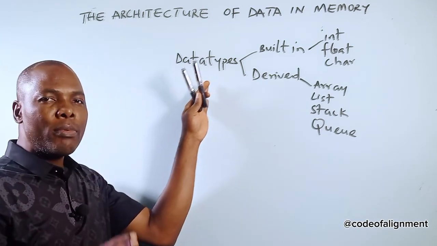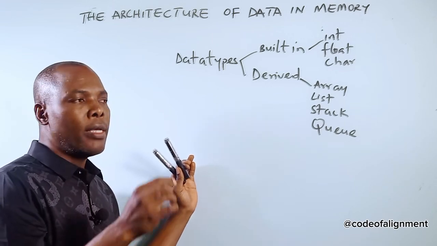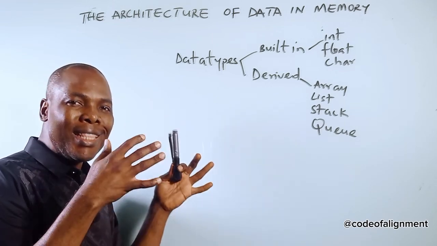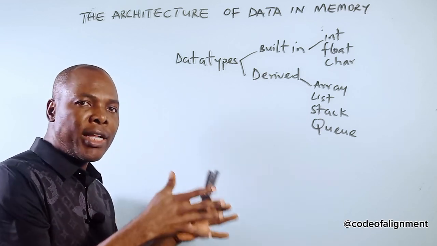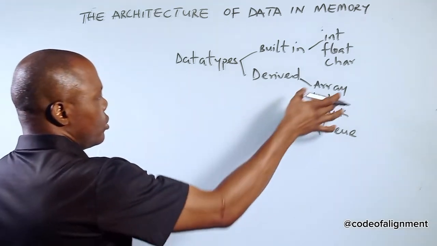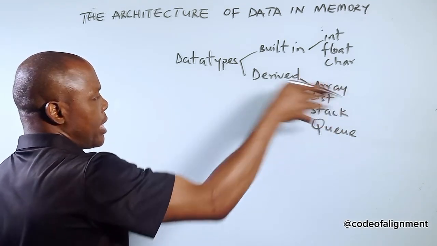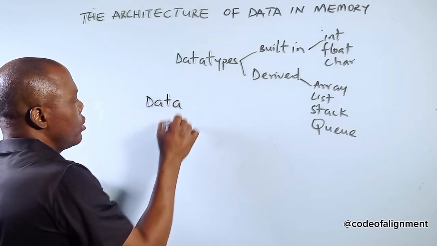So through the perspective of DSA, a data type is the nature of the data, while a data structure is the organization of the data in the memory. And I've defined data structure for you. So let's go further.